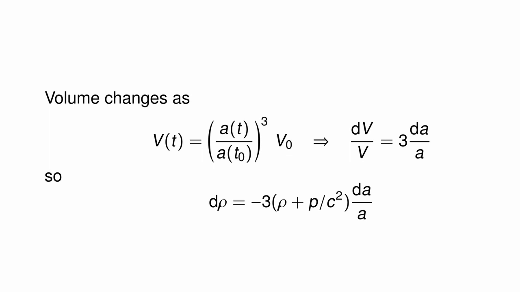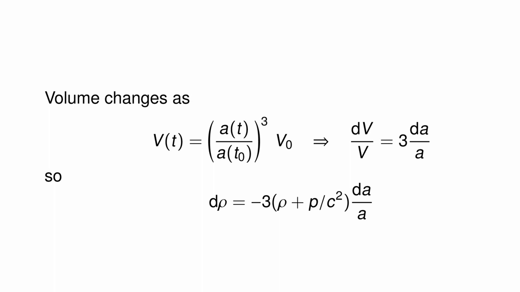So I can actually transform this differential, this expression here, into this right-hand side linking the change in the scale factor and the scale factor. So this gives us this expression here. Now we have linked the change in density with the change in scale factor.